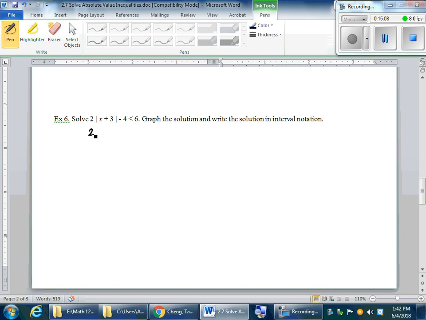So that means 2 times absolute value of x plus 3, adding 4 to both sides, which is less than 10. Divide both sides by 2, that will give me absolute value of x plus 3 less than 5.